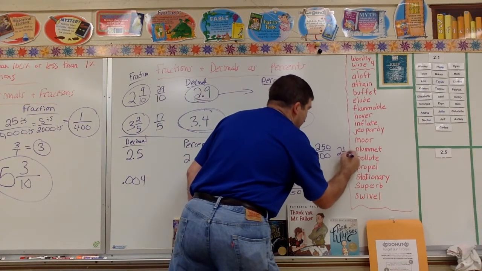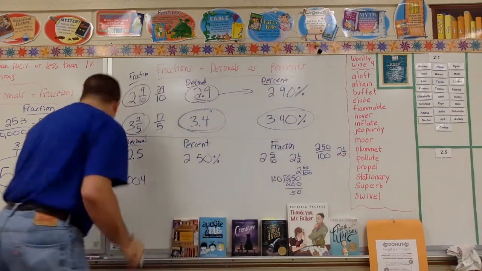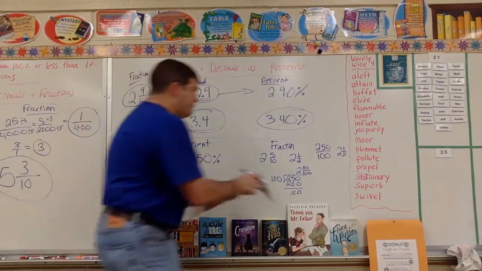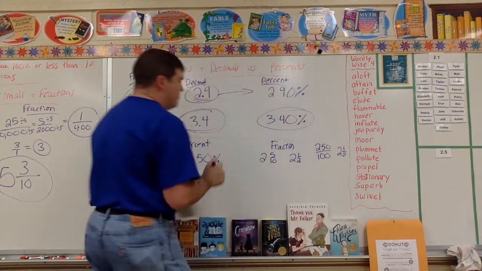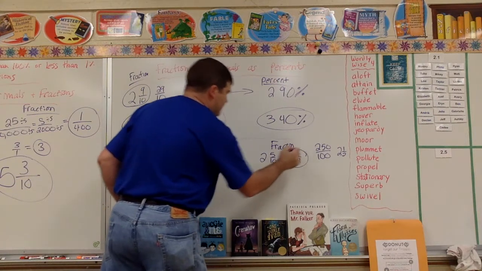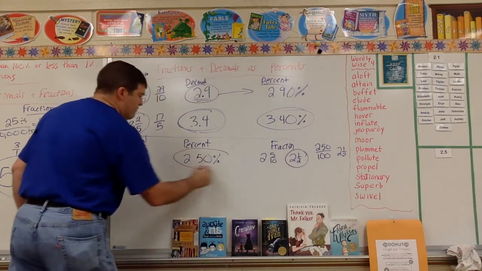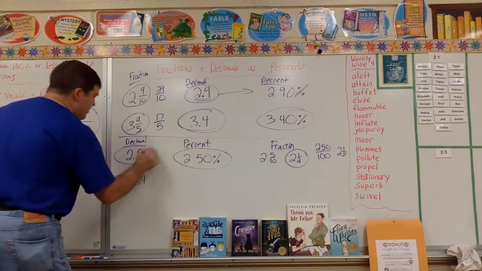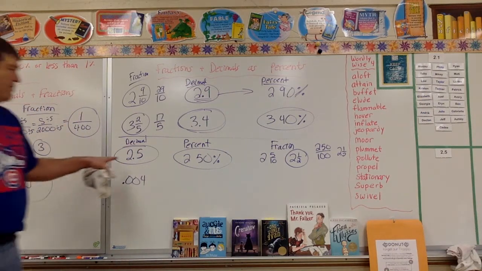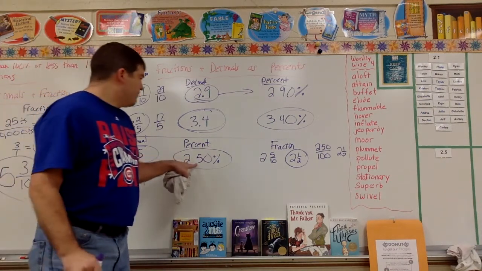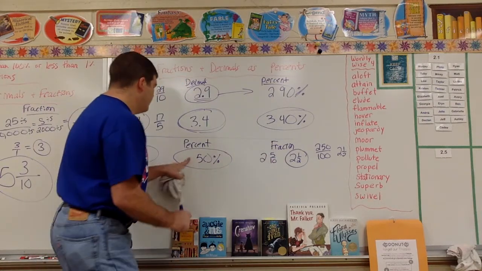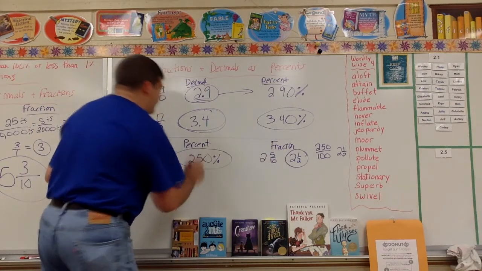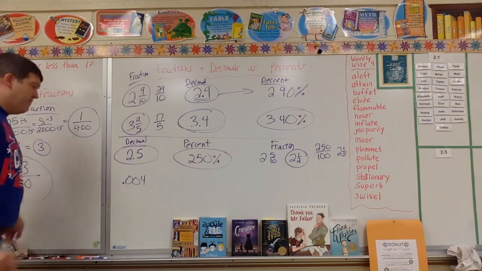So it's 2 and a half. So my simple form of a fraction is 2.5, 250%, 2.5 decimal. I was able to start at a decimal, went to a percent, went to a fraction. There you go.